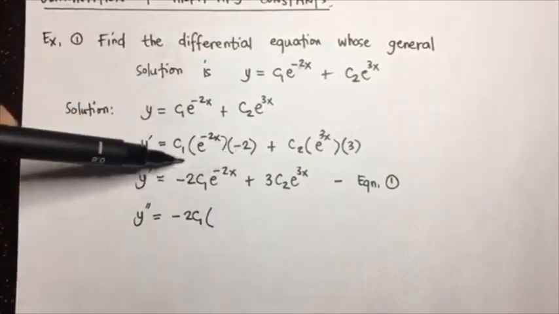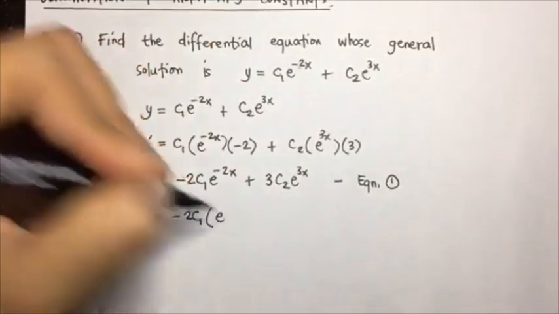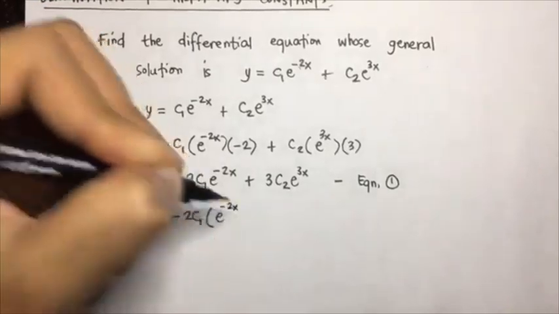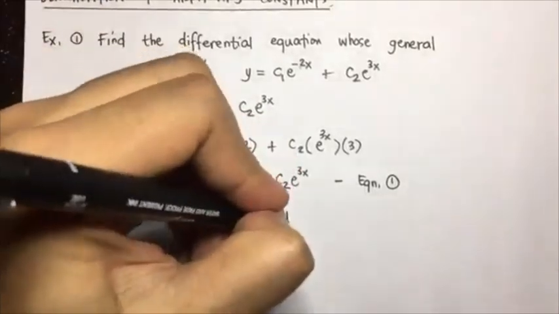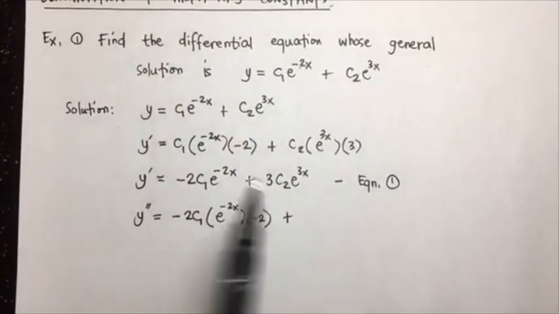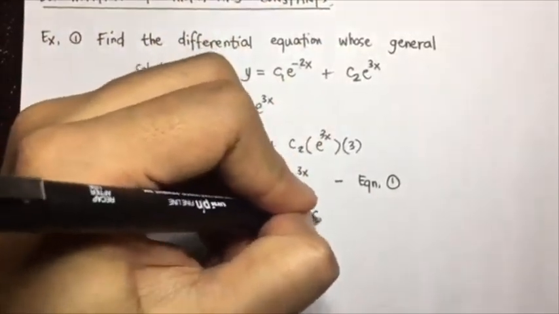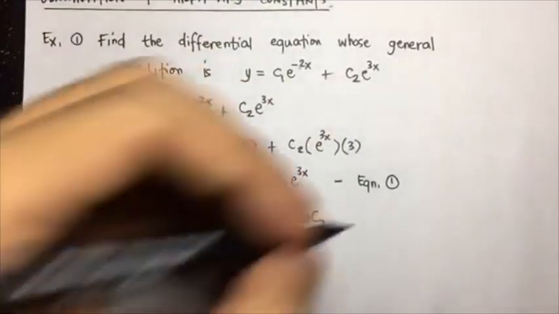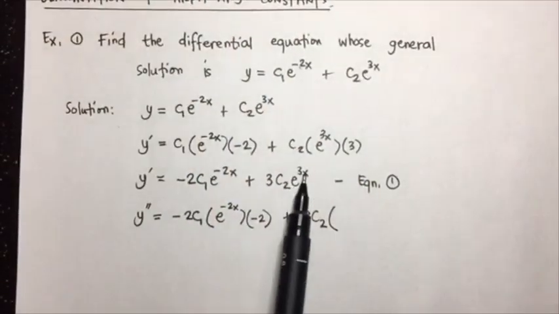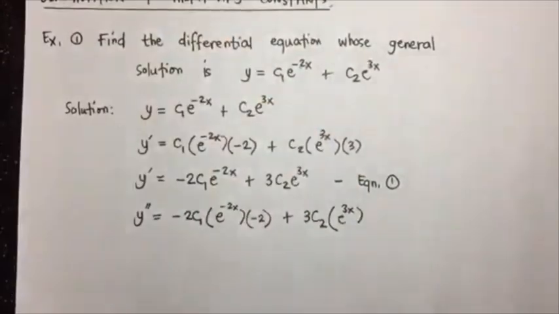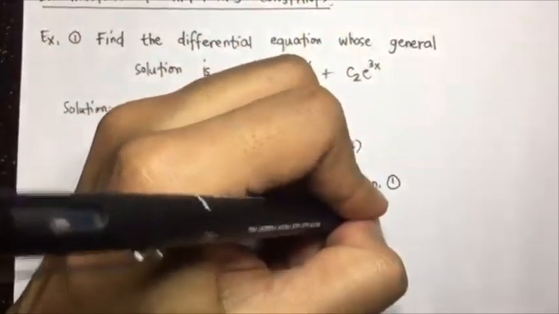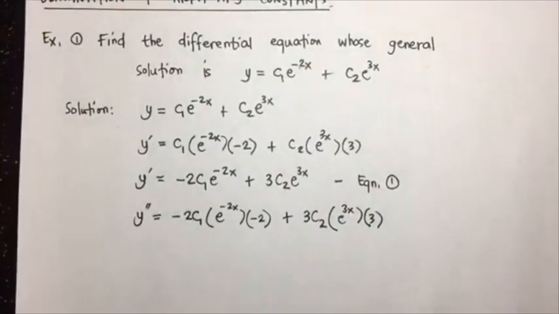The same with what we did for the first derivative, so write e raised to the negative 2x times negative 2, and then plus 3 C2, and then the derivative of e raised to 3x is e raised to 3x times 3.